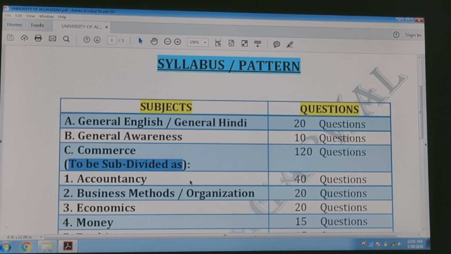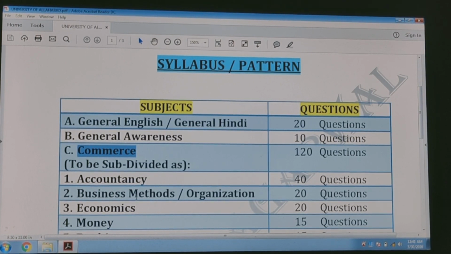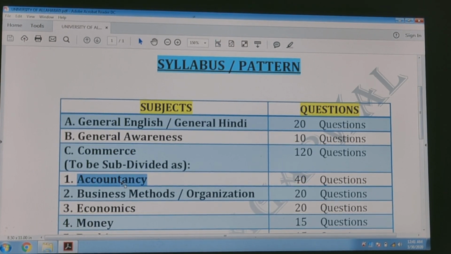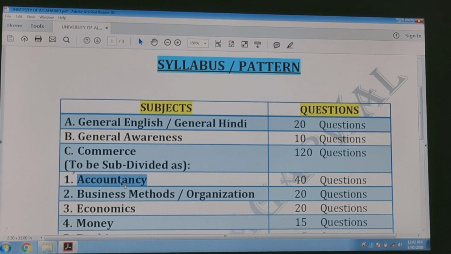Now I'm going to tell you how many parts this commerce is divided into. Basically it is divided into 7 parts, and each part will have a certain number of questions. Starting with the first and foremost important aspect of commerce, which is accountancy: whatever the accounting syllabus is in class 11th or 12th. From class 11th, chapters like journal, ledger, trial balance, cash book, petty cash book, bills of exchange, rectification of errors.